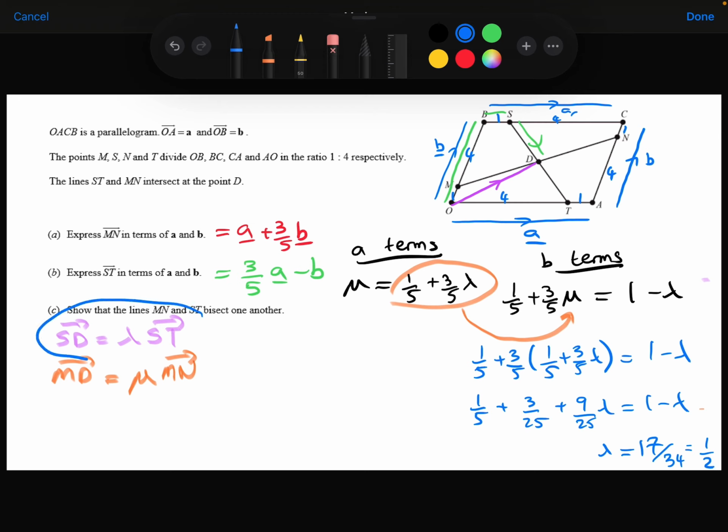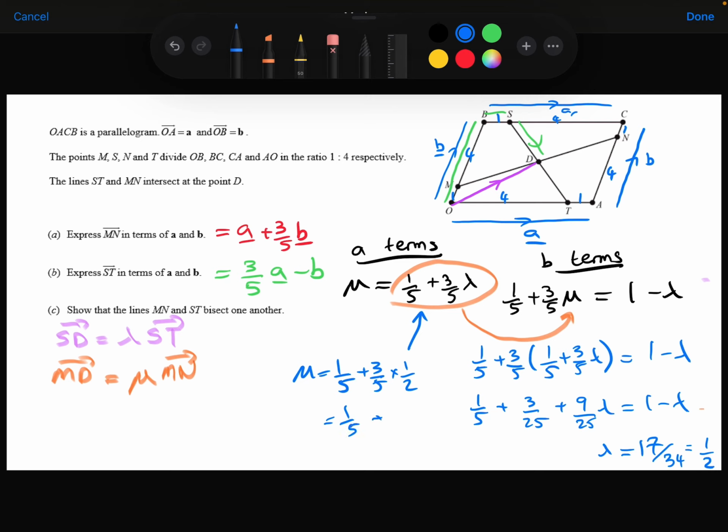Remember, I wanted to show that SD was half of ST, so that ST had been bisected. Now I know lambda is 1/2, I can substitute that back into this other equation here to work out mu. So mu is 1/5 plus 3/5 times 1/2.